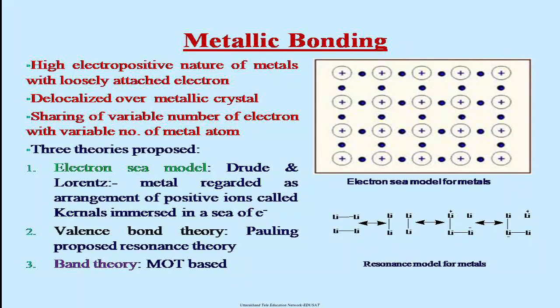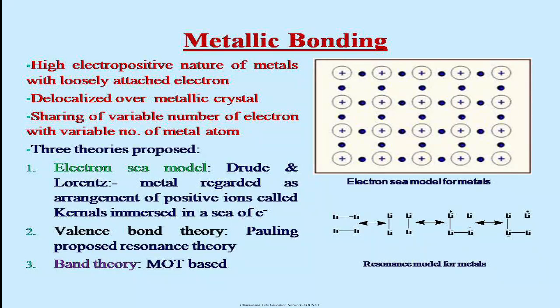Valence bond theory is another theory, proposed by Pauling, and it is based upon resonance theory. Here the resonance takes place between the different atoms of the metal bonded lattice.